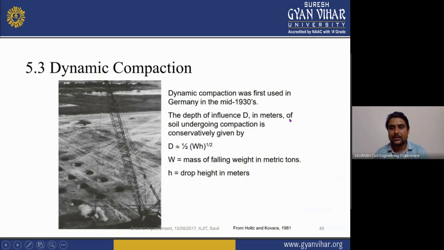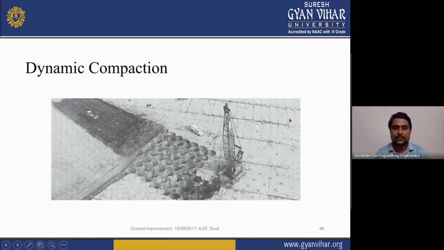Dynamic compaction was first used in Germany in the mid 1930s. The depth of influence D in meters of the soil undergoing compaction is approximately given by this formula.